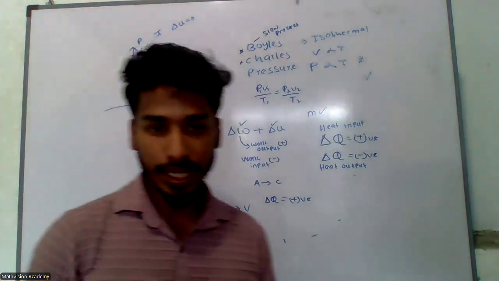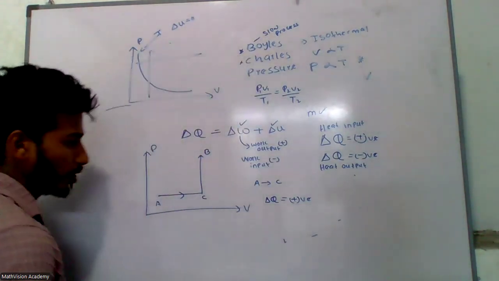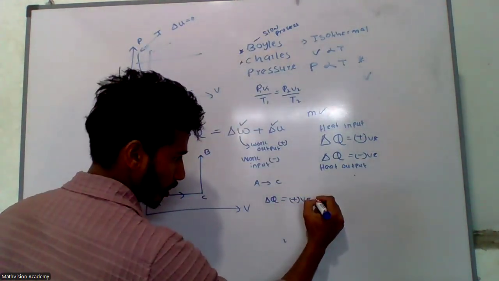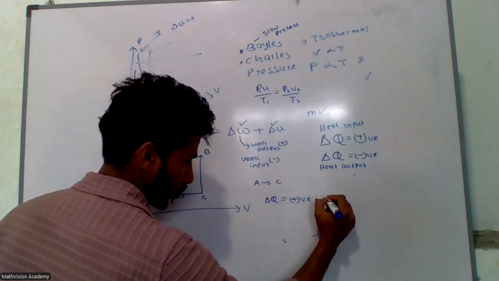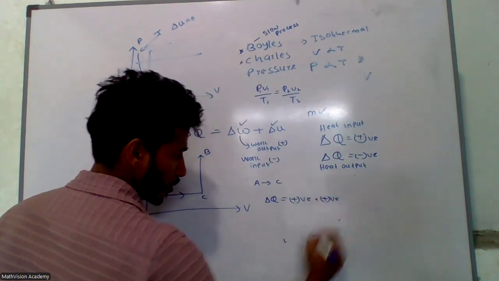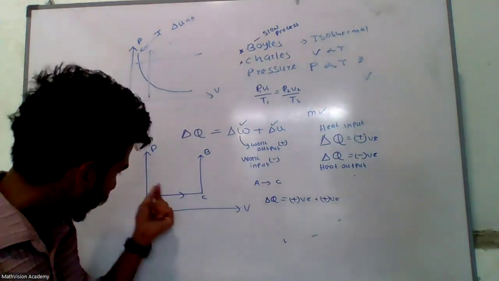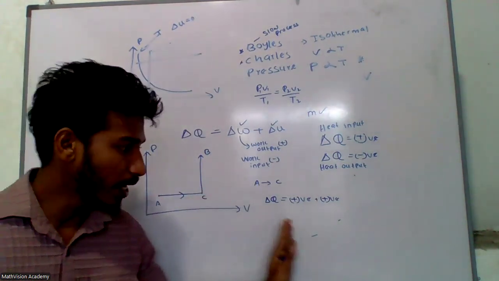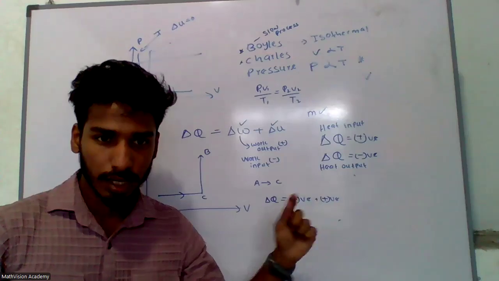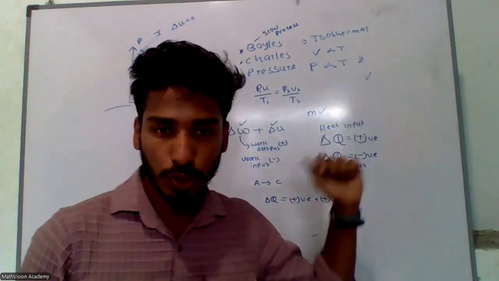If the temperature is increasing, it's again positive. Which means in the process A to C, you are getting a positive answer, so there is a heat input to the system.